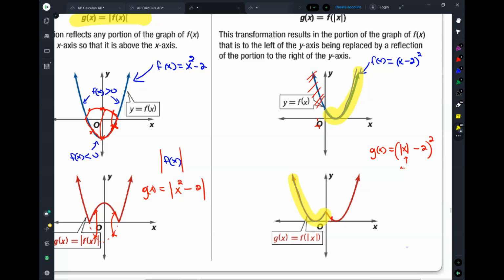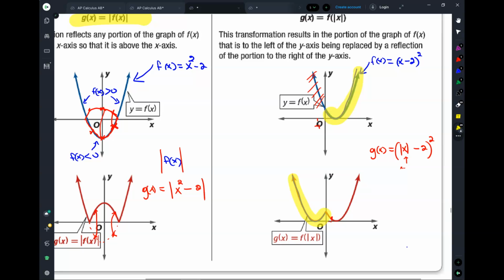Okay, but here's what happens. Look. Are you allowed to put in a negative value in here? Yeah, you are. But for that negative value, you get the same y value as you would have for the positive x. Right. So if I put a negative 1 in here, the value I get is for the positive 1. Okay? All right?